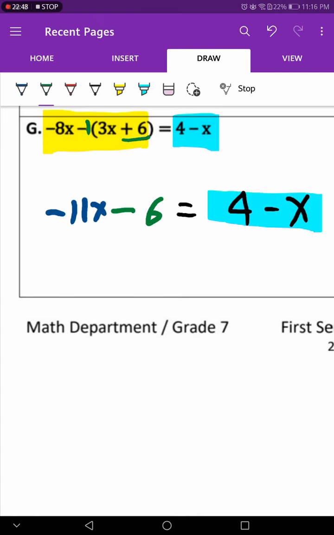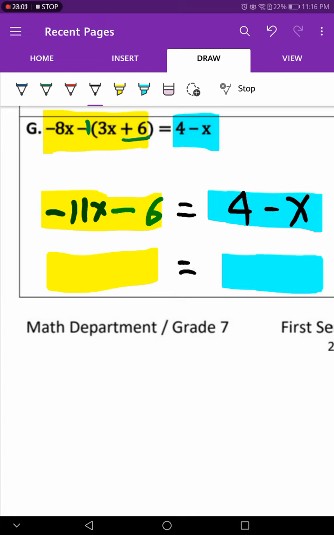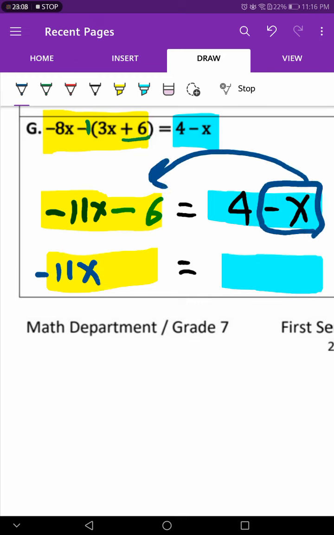And what will we do on the right side? Now I have to throw. Let me prepare my sides. Now I have from before negative 11x, and I will throw this term here. It will be positive x.